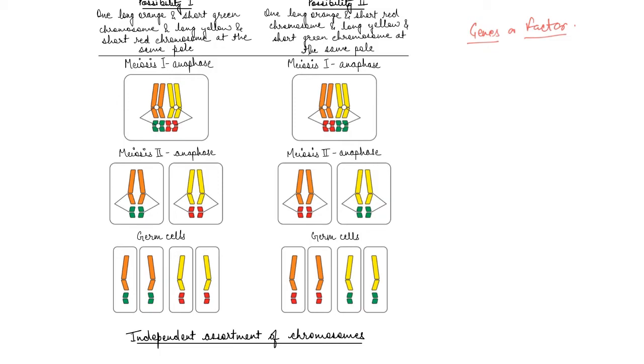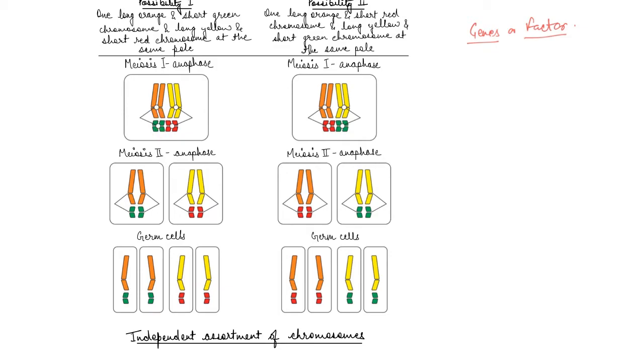Here we have long orange, short red and long yellow and short green chromosome at the same pole, right? So if you see the left column, which is possibility one, orange and green is segregating together.